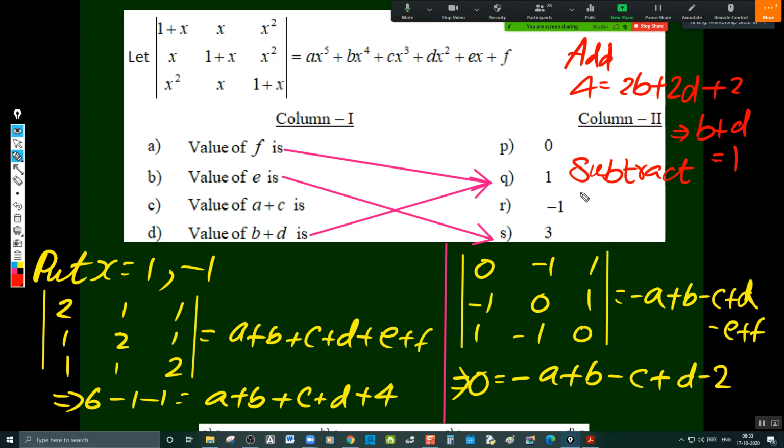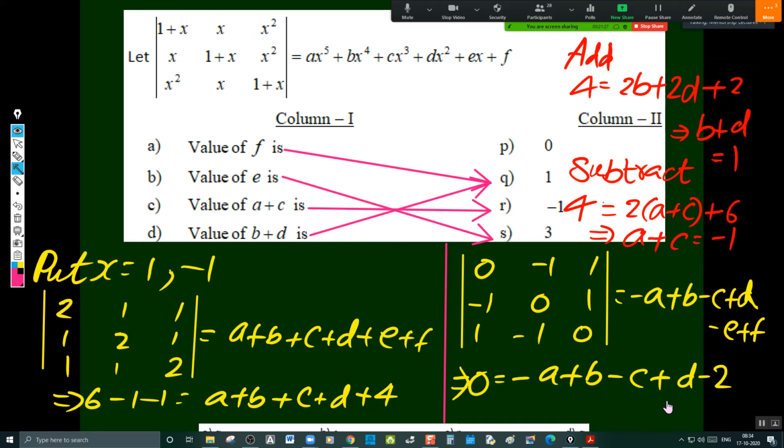Then you will get 4 is equal to twice of a plus c. We are subtracting it, plus 4 plus 2, plus 6. So a plus c is minus 1. This is minus 1. That's it.